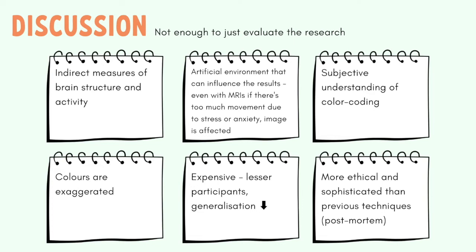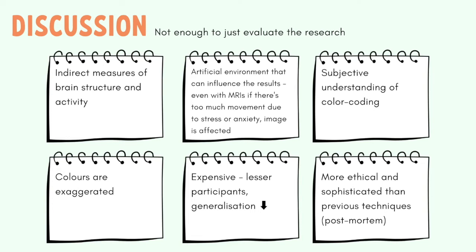Okay, so here are some points of evaluation or points of discussion when it comes to brain imaging techniques. The first point is that the MRI and fMRI are indirect measures of brain structure and brain activity. If you look at EEGs, they use electrodes to record brain activity, which is in line with neuronal communication being electrical signals.